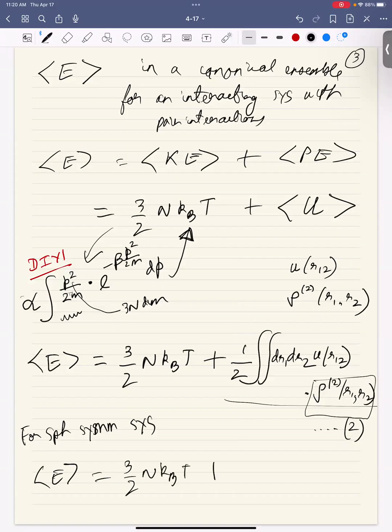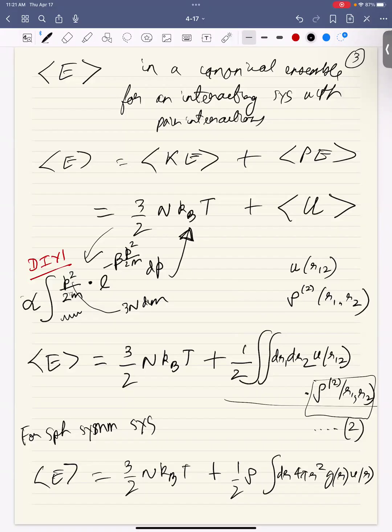And this part will now become half double integral dr1, dr2. It's spherically symmetric, so we will be able to simplify it, and we will show that this part becomes half rho integral dr 4 pi r square g of r u of r. Okay? These are the two things we are going to show in the next few lines.